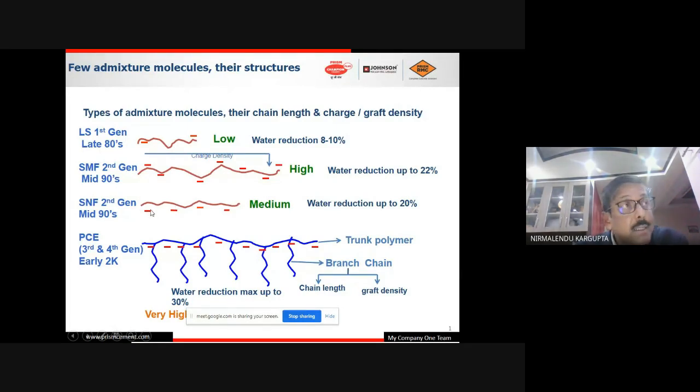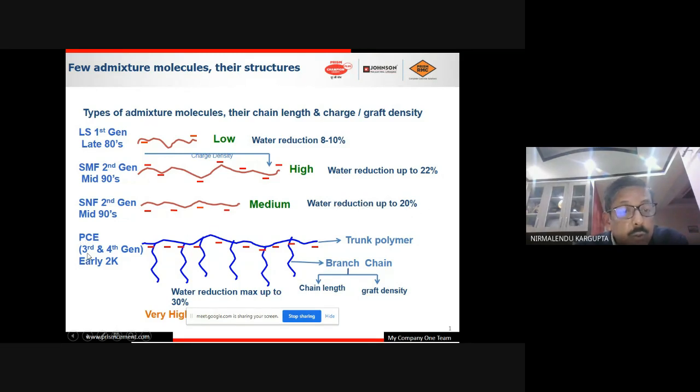So in that case, it was a combination of lignosulfonate as well as SNF, and some retarder is also there. So in 92-93, I personally used these admixtures. It is also having a linear polymer as well as charge density. Its water reduction is up to 20%.